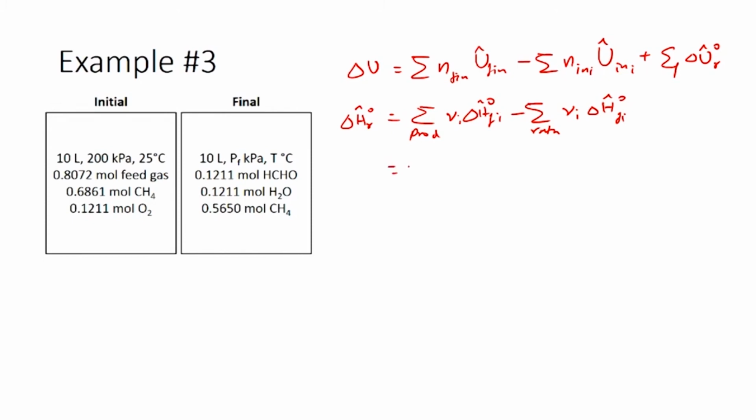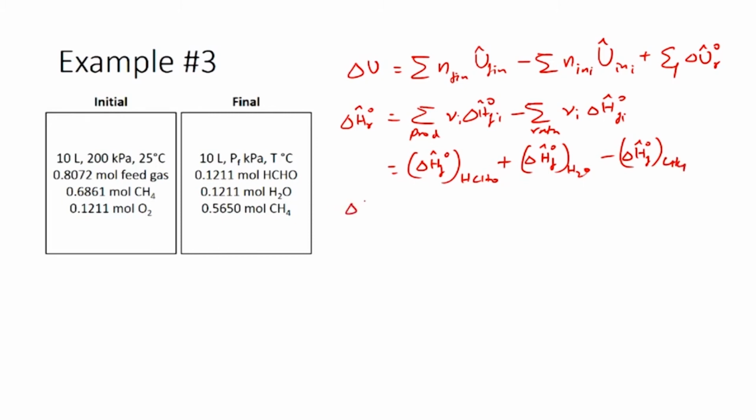Now, we have formaldehyde and water as the products and we have methane and oxygen as the reactants. Obviously, oxygen would not have any heat of formation because it is an element. So, all of them have stoichiometric coefficients of 1. So, the equation becomes standard heat of formation of formaldehyde plus standard heat of formation of water minus standard heat of formation of the reactant, which is methane.